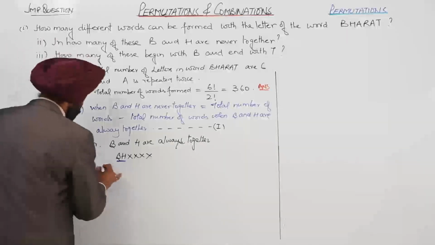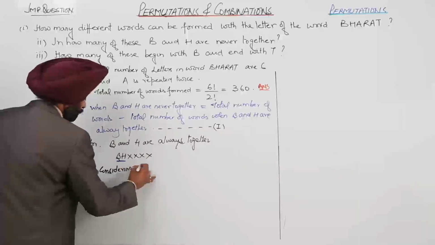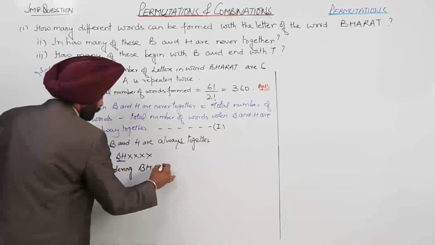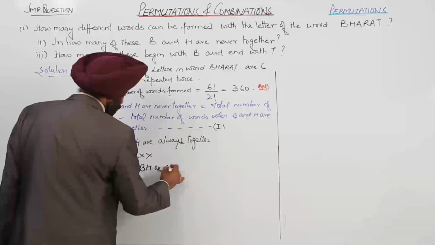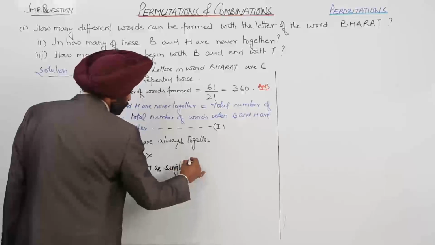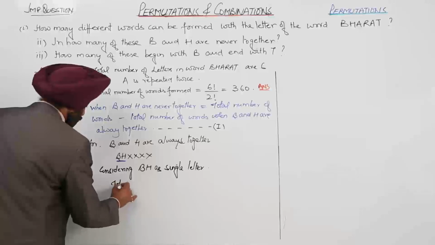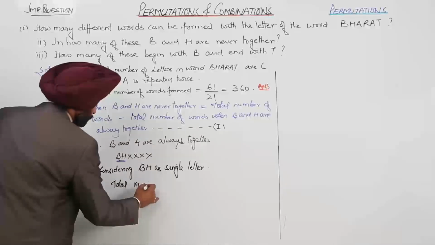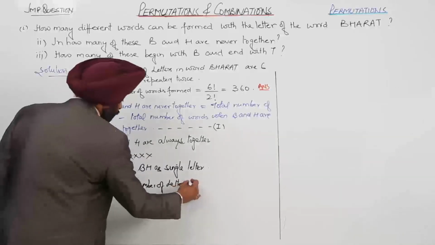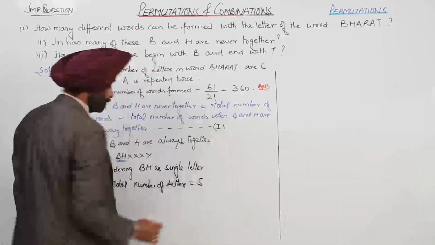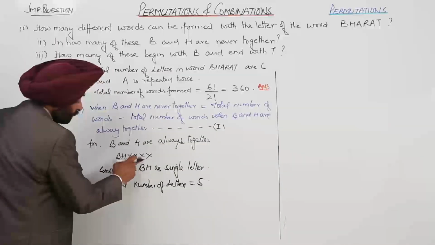Now, considering BH as a single letter, the total number of letters is equal to 5. Considering BH as 1, now 1, 2, 3, 4 and 5.